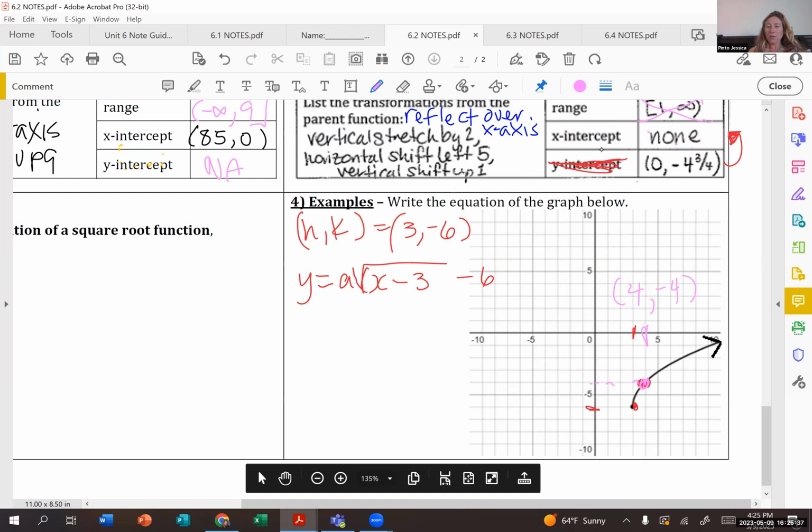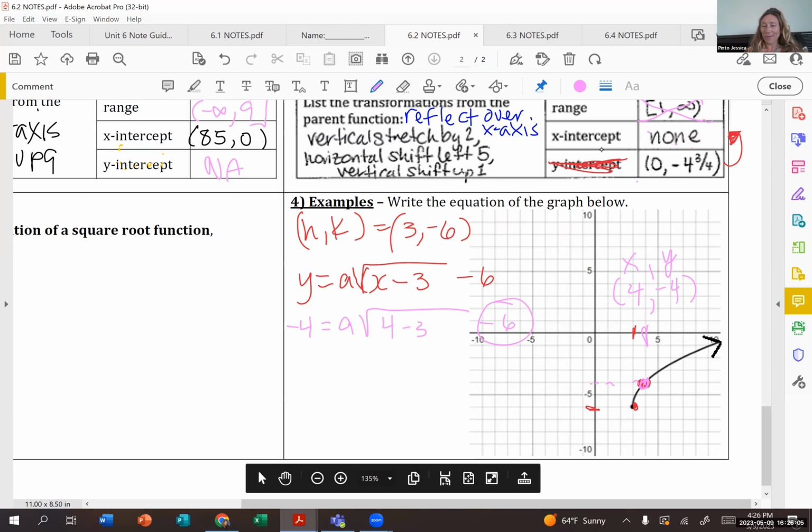Oh, cool. So this is the X value, this is the Y value. I better go slow to make sure I don't get those mixed up. They're very similar. So -4 is equal to A, the square root of 4 minus 3, minus 6. So you can see here why this -6, like on intercepts, we want to move to the front, because I almost slid it inside the radical, which would have been wrong.